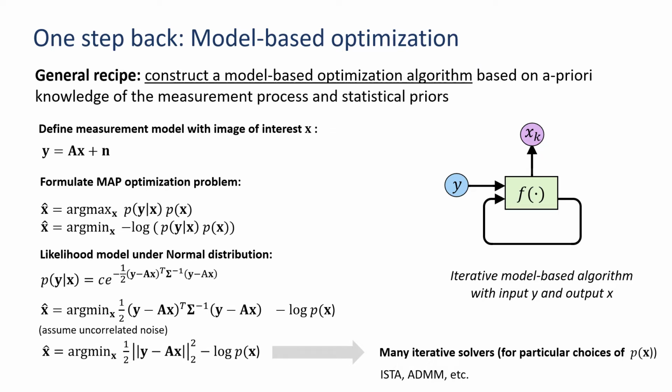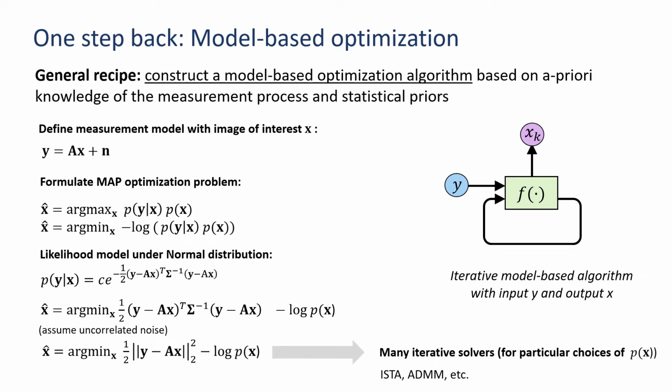And for very specific choices, for instance, for p(x) following a Laplace distribution, this becomes an L1 norm. And for a Gaussian p(x), that would be an L2 norm. There are many more such choices, and there are many iterative solvers for them.